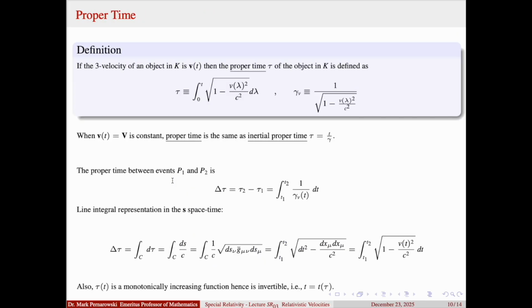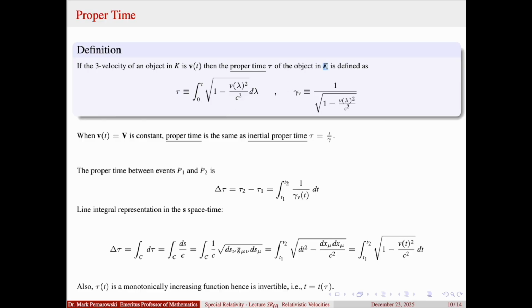Next thing that's done to describe dynamics is we need a better notion of time. To get a notion of time in this space, we define something called the proper time, which is an offshoot of inertial proper time, which I talked about before. Why is it defined this way? Proper time tau is the time that is measured in the moving frame while this object is moving with regard to k.